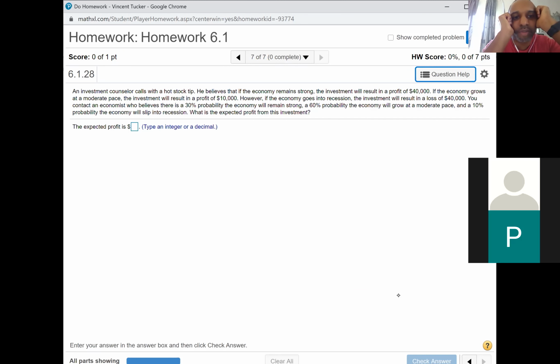If the economy grows at a moderate pace, the investment will result in a $10,000 profit. However, if there is a recession, the investment will result in a loss. If you contact economists, what is the expected profit from this investment?